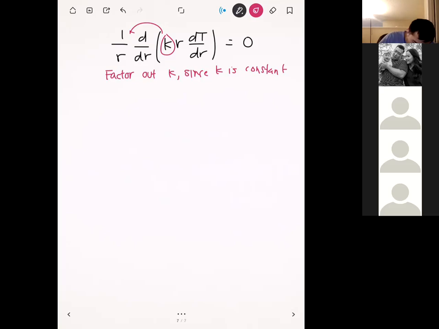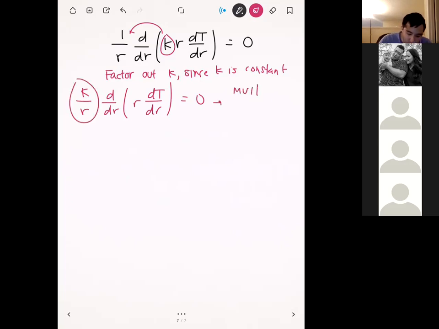We're going to have K over r times d/dr of r dT/dr, all equal to 0. Before we integrate, we can simplify this by multiplying both sides by r over K, because we want to cancel out this term in front.